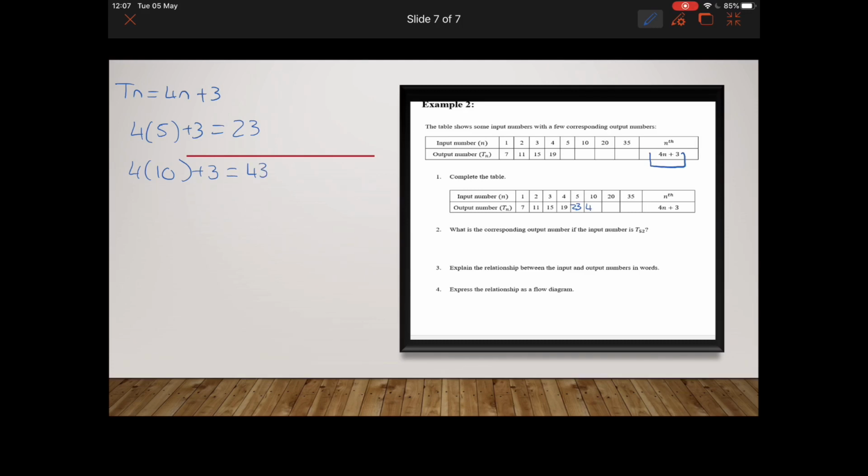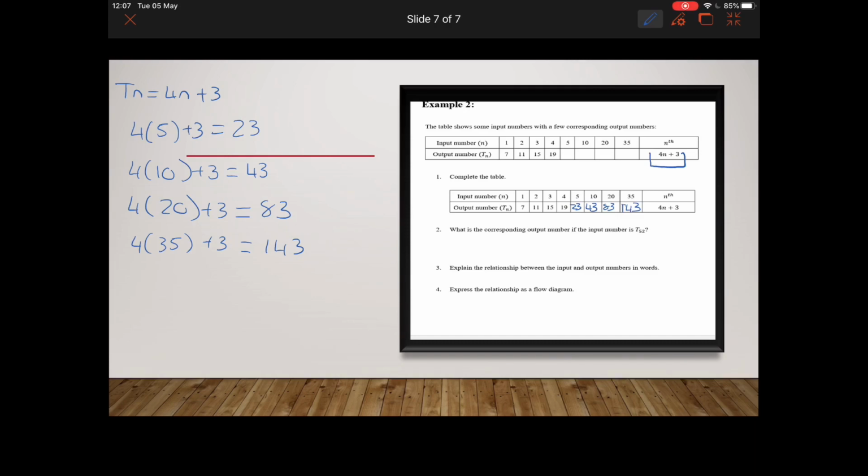So we can fill that in. 4 open bracket 20 plus 3 is equal to 4 times 20 is 80 plus 3 is 83. And then 4 times 35 plus 3 is equal to, well, 4 times 35 is 140 plus 3, which makes it 143. Okay, so now we've completed the table.